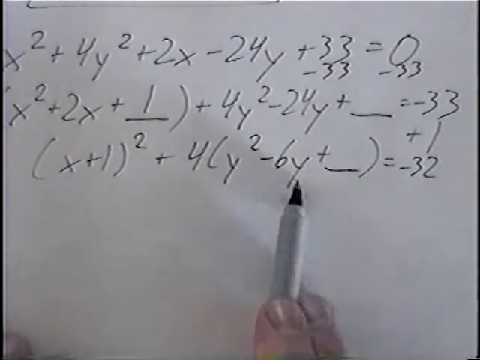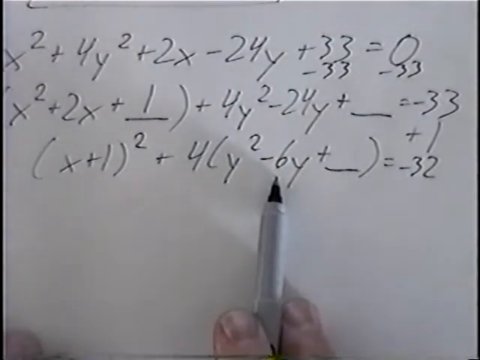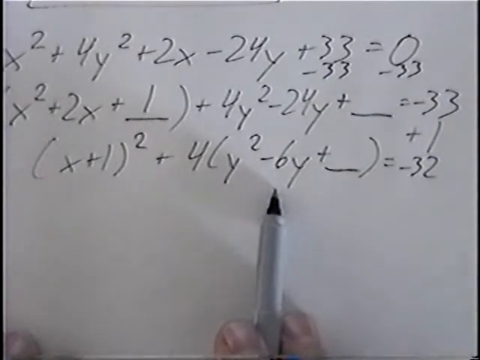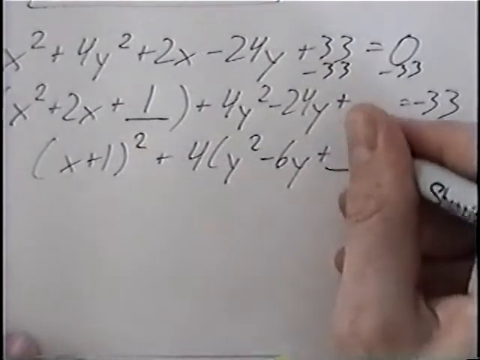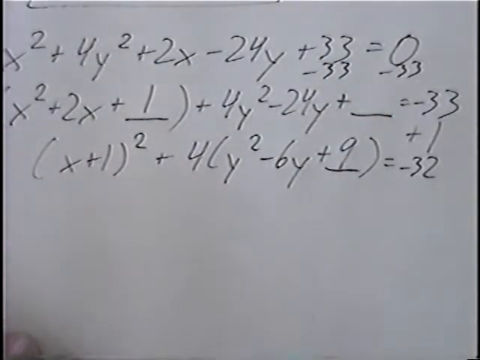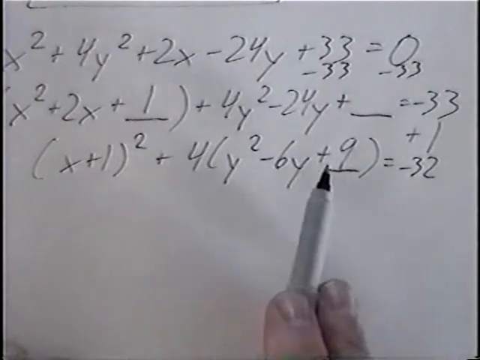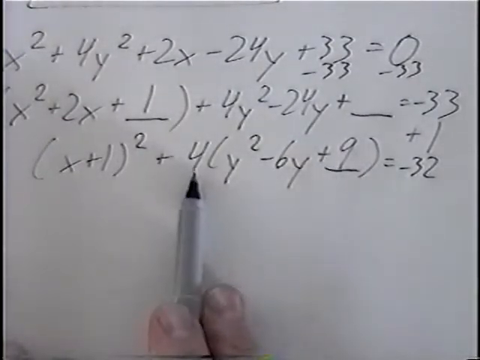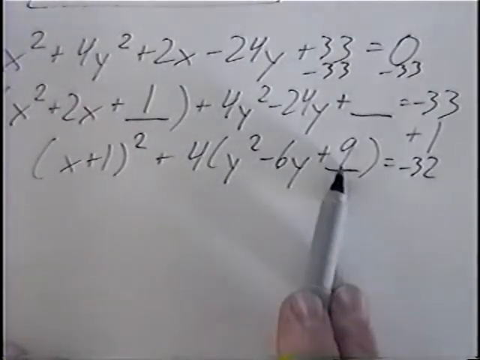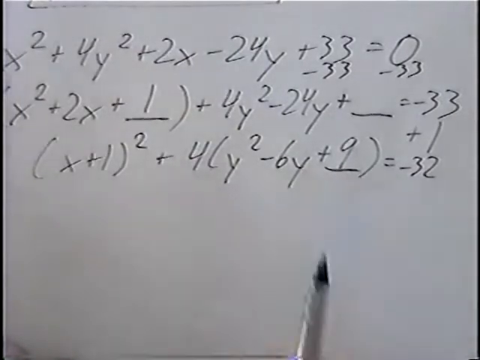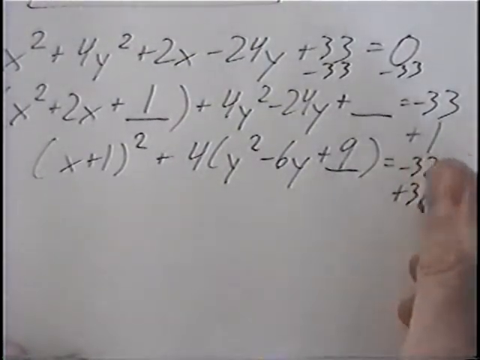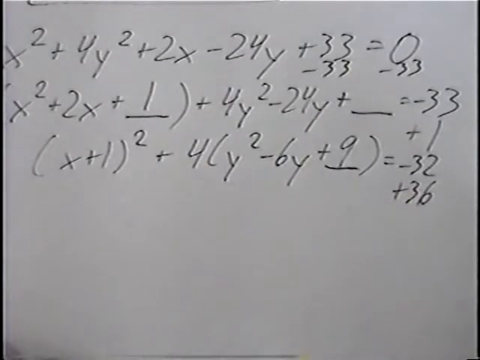If we complete the square on the y value, negative 6 divided by 2 would be negative 3. Squaring that would be 9. So we're adding 9 to the y so we can factor. There's a 4 outside the parentheses though, so instead of adding 9, we're actually adding 36. So if we add 36 to one side, we'll add 36 to the other side.